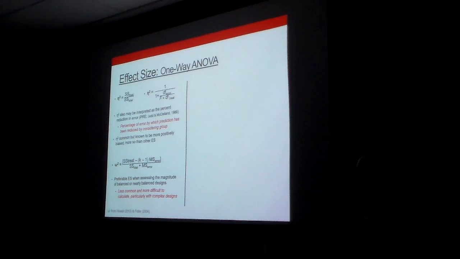Your eta squared is going to tell you in the data that we've collected, let's say we get an eta squared of 0.2. We would say that for these data, temperature condition accounted for approximately 20% of the variability in learning scores.